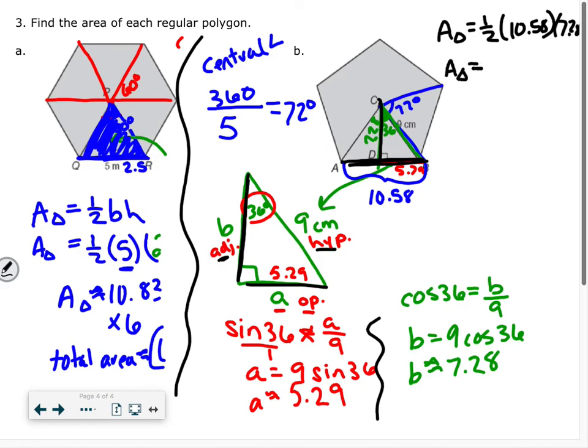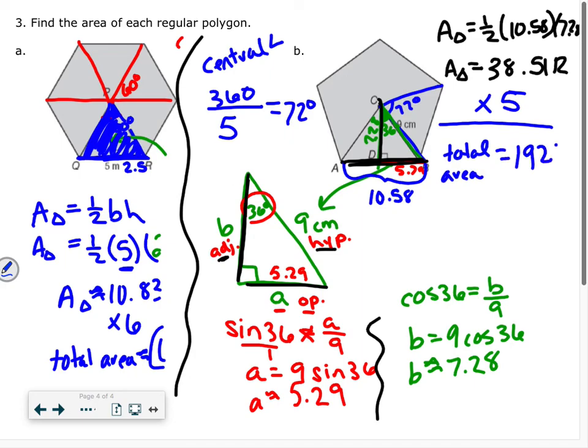So the area of one triangle is going to be 38.5112. And again, you don't want to round too much right away. That's the area of one triangle. We're going to take that and multiply it by 5 in this case because we have 5 triangles. So our total area should be 192.6 centimeters squared. And you want to wait to round until this step right here.